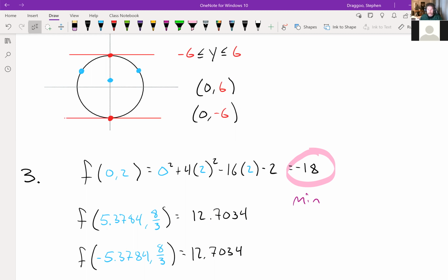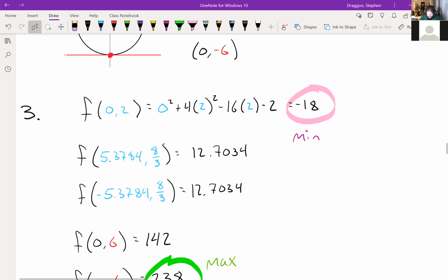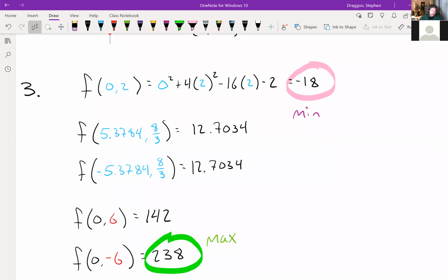So it's for that reason that I need to consider 0, 6 and 0, -6 as critical points. But they're less critical points and more like boundary points. But I still have to check them when I'm searching for my absolute maximum and minimum, because maxes and mins can show up on the endpoints of the boundary.